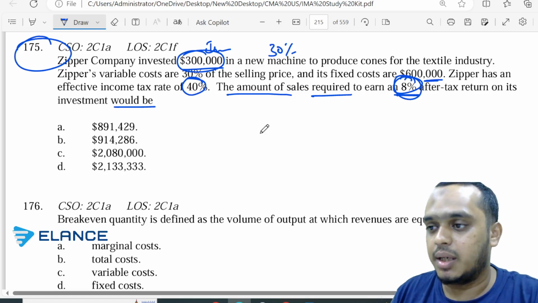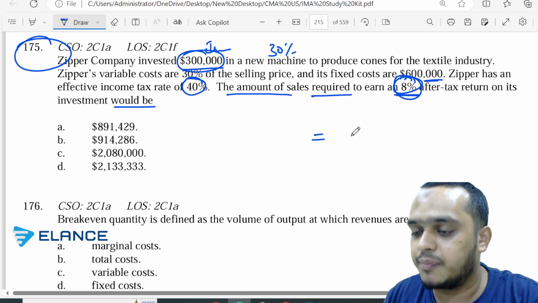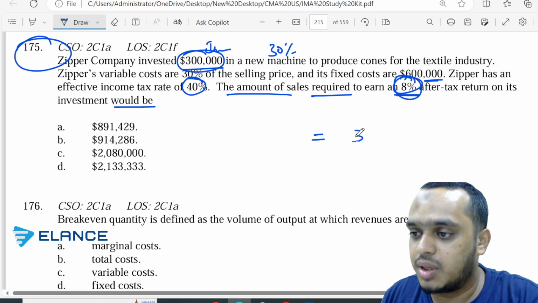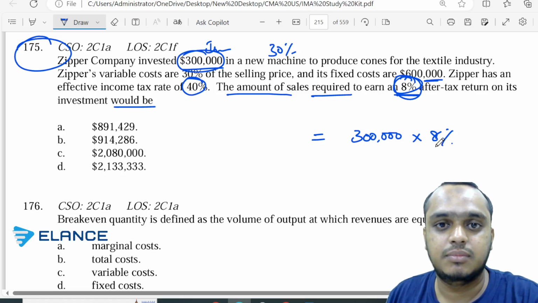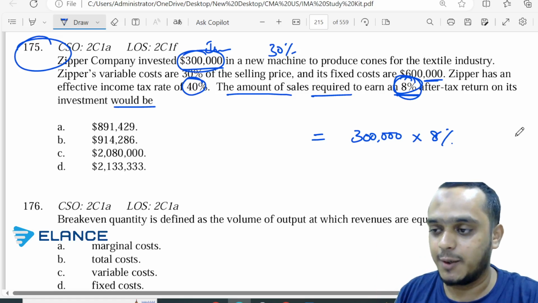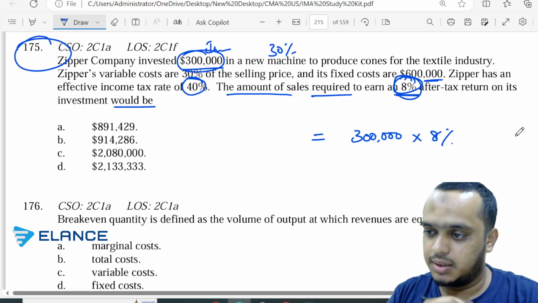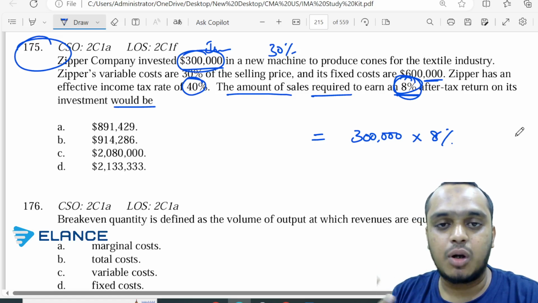300,000 we are investing, 8% is the return. So basically I need to get 300,000 into 8%. That is something which I need to get. And what's there? What's my variable cost and selling price?